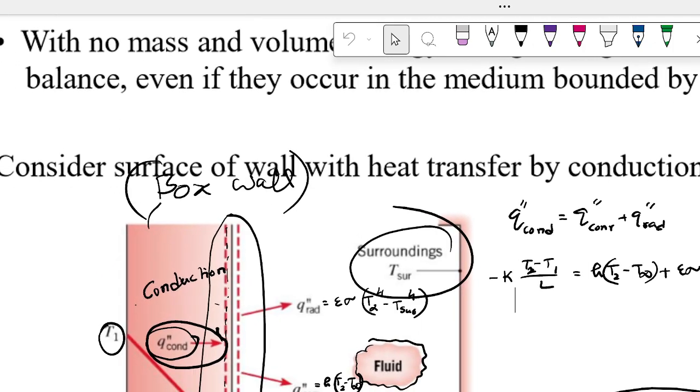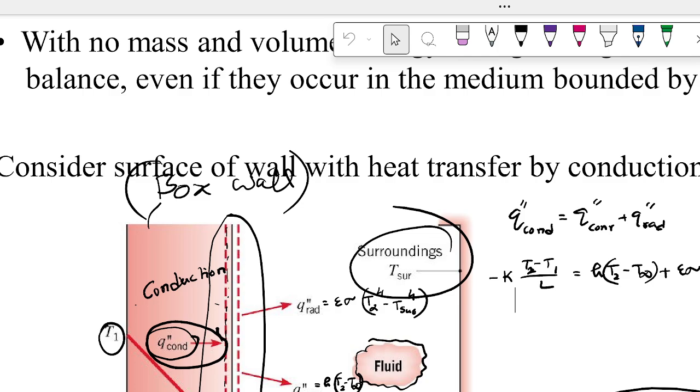So this is the surface, right? At that surface, we have these two dotted lines, one inside of the wall, another outside of the wall. Now those dotted lines, are they referring to energy in, energy out, energy generation, energy storage, everything? What do you think? Two options. Okay, let me ask you this way.